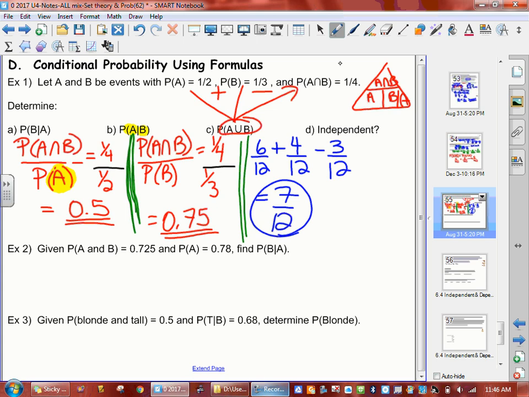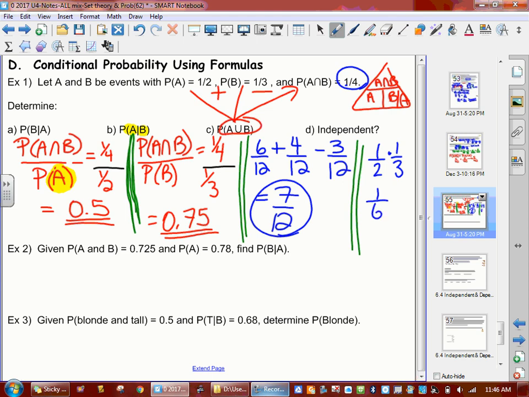Letter D. Independent. If they're independent, that means the probability of A times B should give me the probability of what they tell me the and is. So we need to take a look and do that. So we need to take A times B, so 1/2 times 1/3, and that's going to give me 1/6.